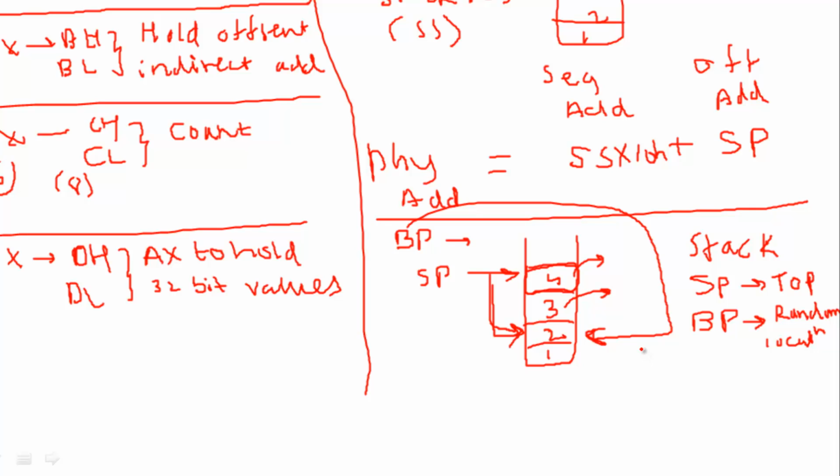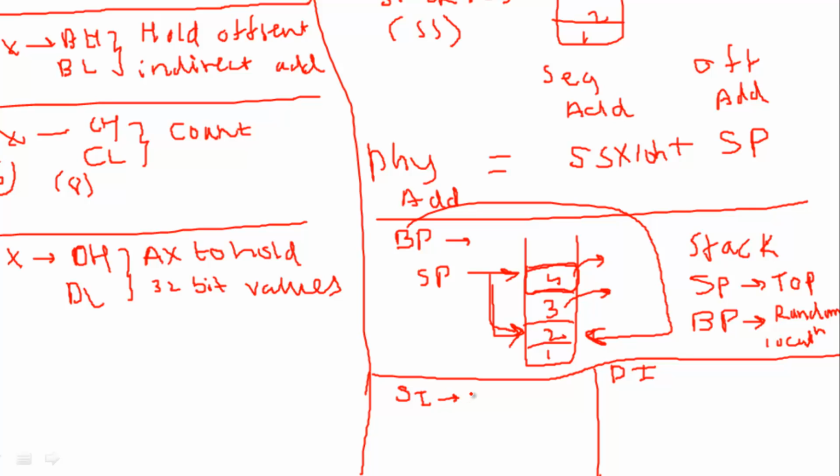All these points were discussed previously in the tutorial on memory segmentation, so you can correlate the things. Now, the next thing is SI, that is source index, and the last one is DI, that is destination index. Source index holds the offset address for the data segment.